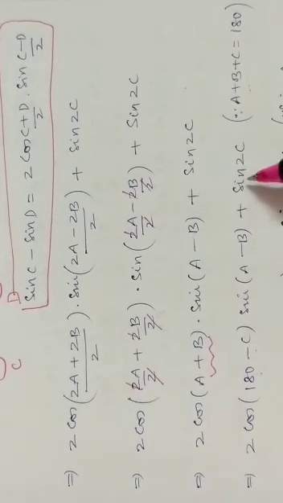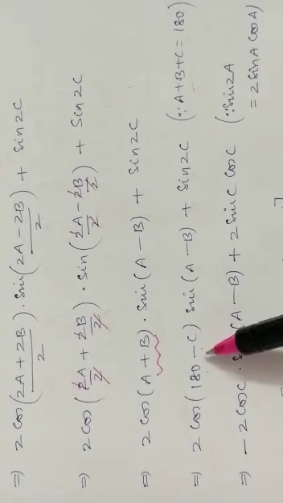So, according to the quadrants, 180 minus comes in second quadrant. In second quadrant, cos is negative. So, minus. How we got this minus? 180 minus theta. In the place of theta, we are having c. 180 minus falls in second quadrant.